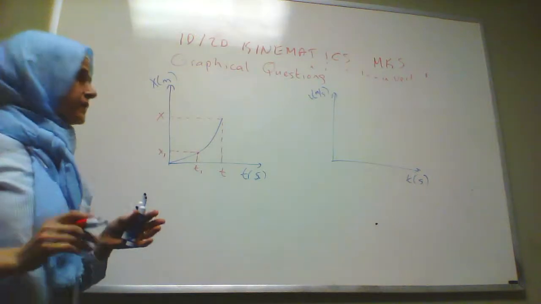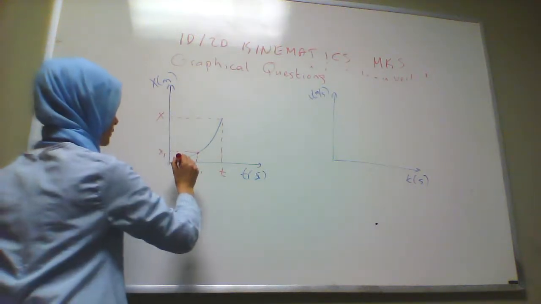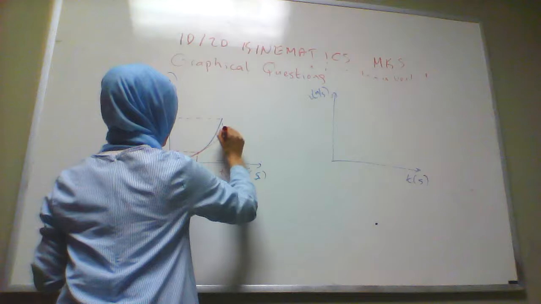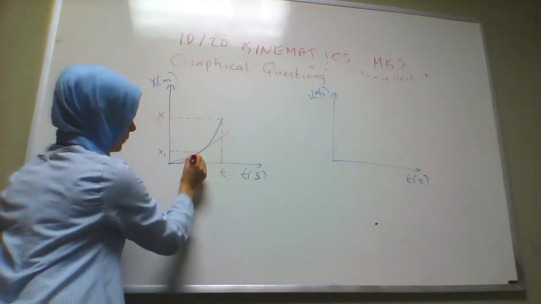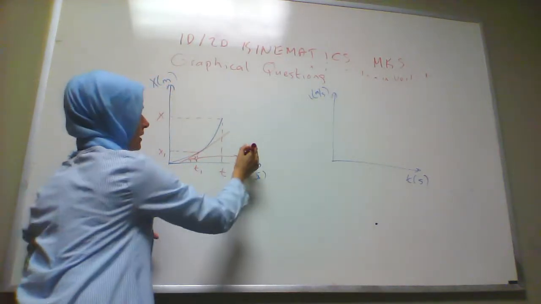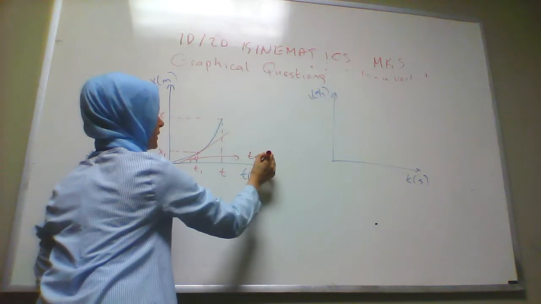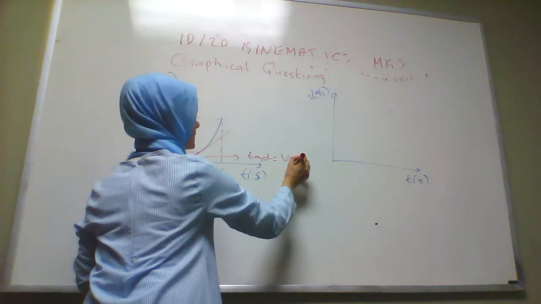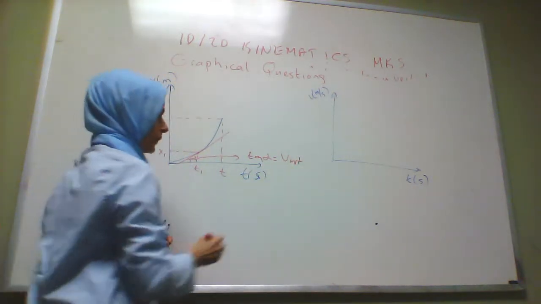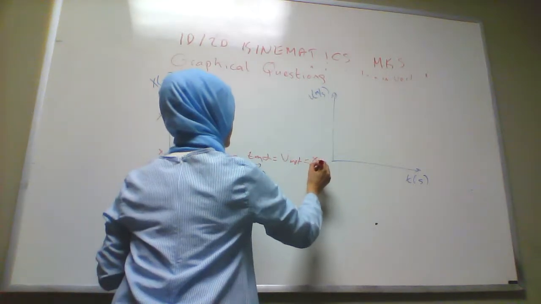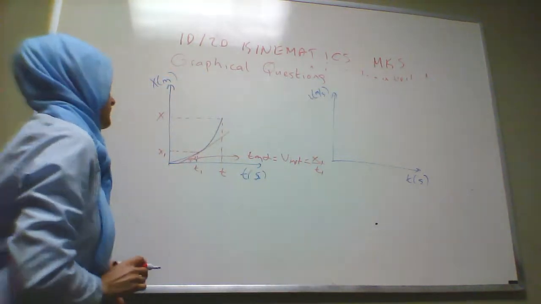So if we're asked to find instantaneous velocity at this point, what we do is draw a tangential line in here, and find the slope of this line, which will be tangent alpha, equal to v instantaneous. If I want to put this into an equation, it will be x1 over t1 at this certain point.